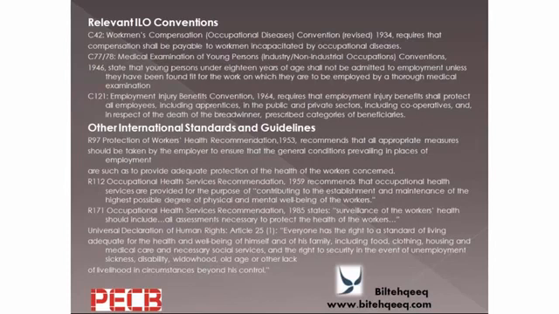And the next one is C121, the Employment Injury Benefits Convention. It requires that employment injury benefits shall include apprentices in the public and private sector, including cooperatives, in respect of the death of the breadwinner, and prescribed categories of beneficiaries.